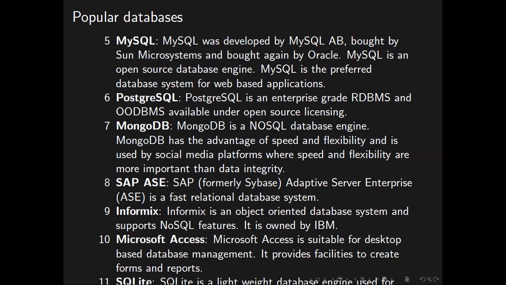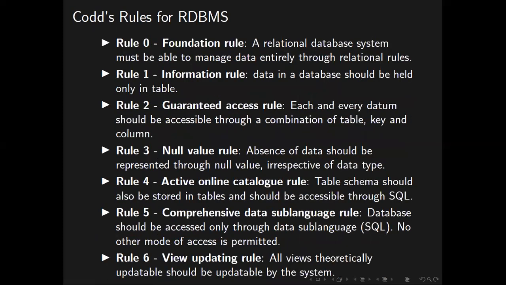SQLite is an embeddable database engine and it is available for all platforms including Android, iOS and whatever platform you name. It's used for contact management, scheduling and other tasks. SQLite is a small database engine which can be used for data management. With this, we close this.